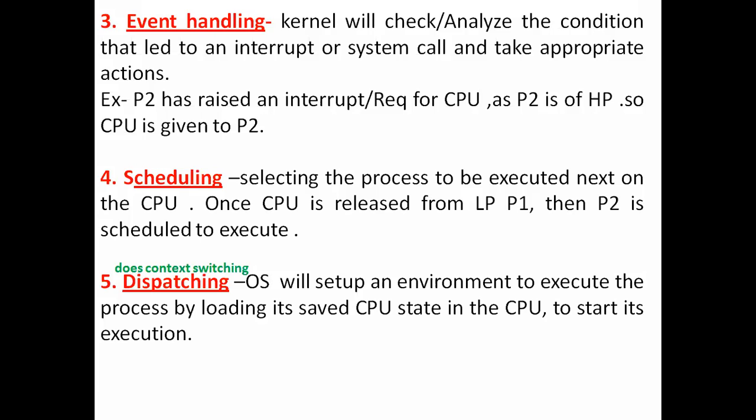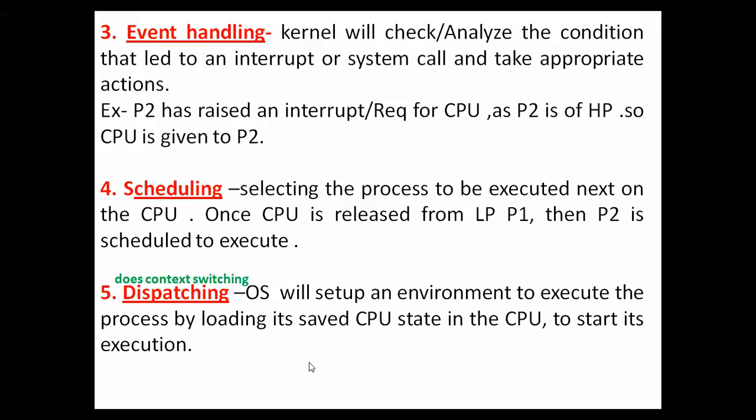So this switching from one process and allocating the CPU to the second process can be called scheduling. Selecting the process to be executed next on the CPU is called scheduling. After the P1 execution, the second process to be executed is this P2 process. So allocating the CPU to the second process can be called the scheduling of the CPU time for the second process P2.